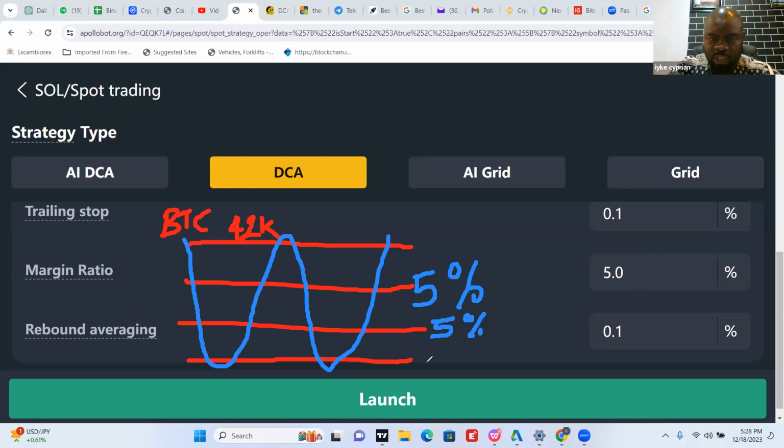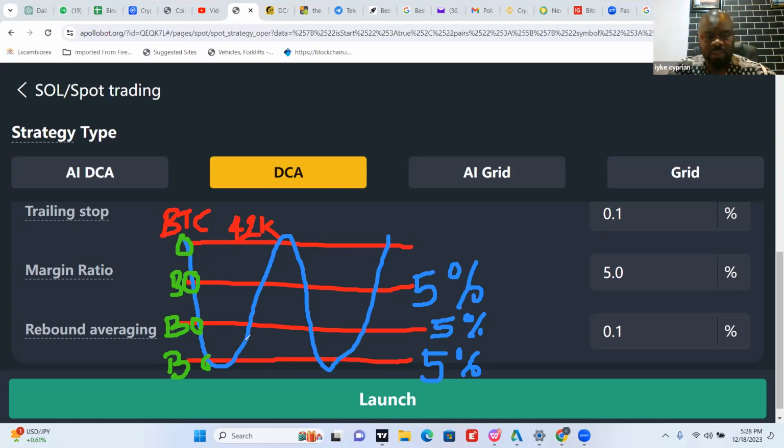Each grid line here now represents the 5% drop. So what happens here is that when the market goes down from this spot, there is a buy. If it comes down again, there is another buy because it drops by 5%. When it drops again by another 5%, there's another buy here.